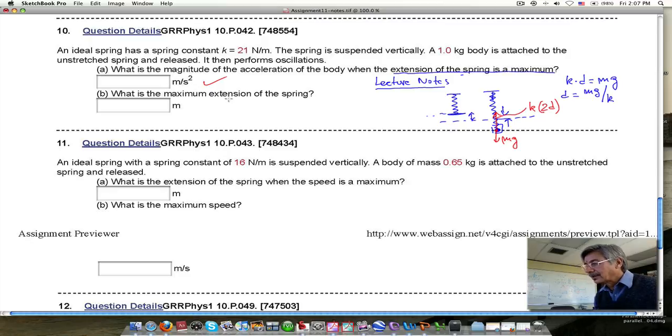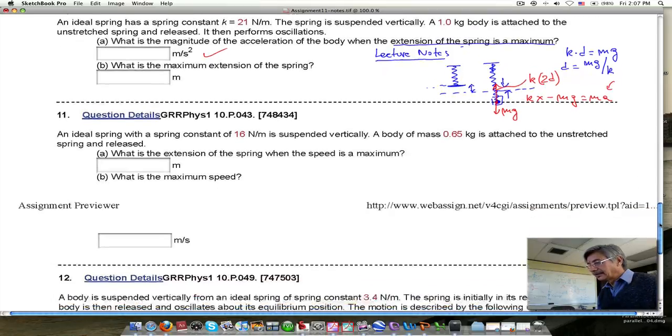And to calculate the maximum extension of the spring, you just have to write the equation over here, because over here you will have kx minus mg equals ma, and you already found that.